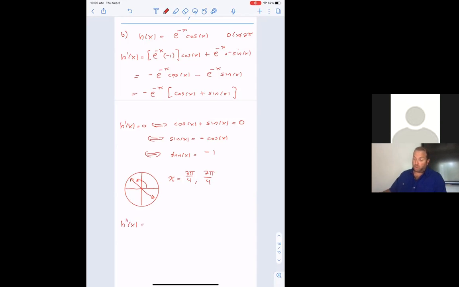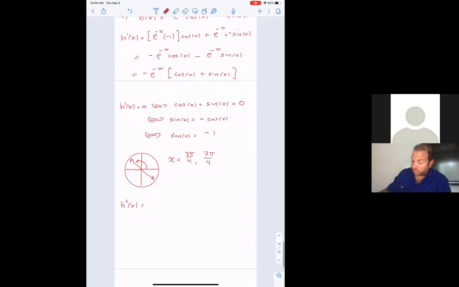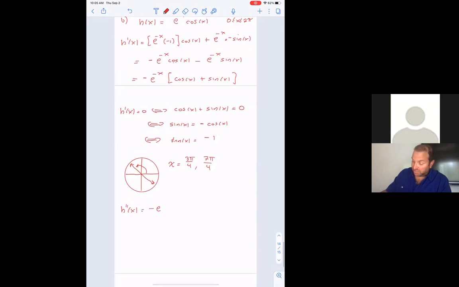So if I go back up here for h double prime of x, it's a product, negative e to the negative x times cosine of x plus sine of x. So the derivative of the first is negative e to the negative x times -1 times the second, which is cosine of x plus sine of x, plus the first, which is negative e to the negative x, times the derivative of the second, which is negative sine of x plus cosine of x.